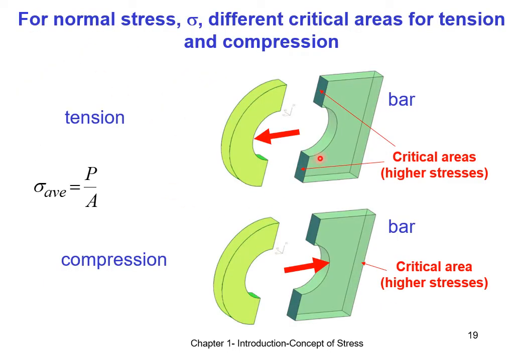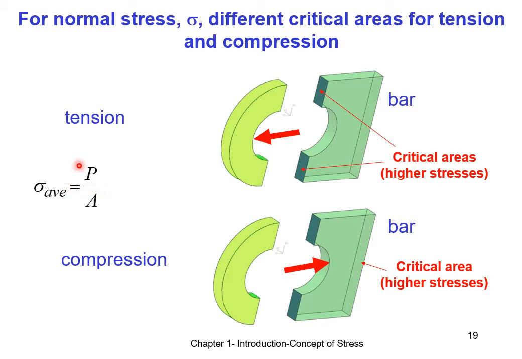When we have pin-ended objects, critical stresses on the object will depend on whether the object itself is in compression or in tension. For the same magnitude of the force, if it's in tension, maximum stresses are typically higher in tension than in compression.